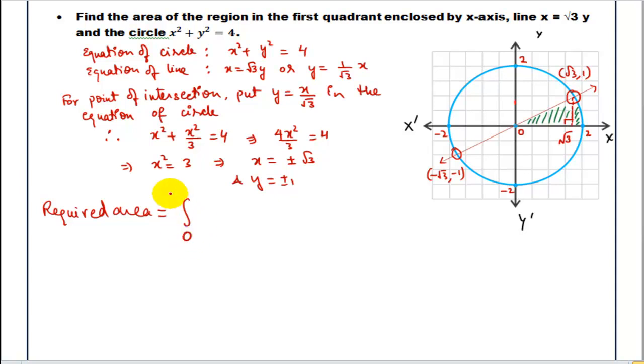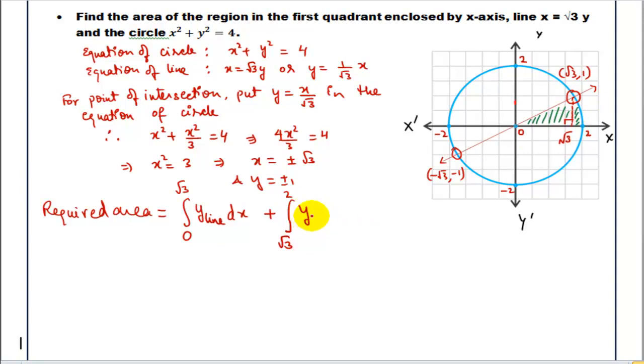So the part which is under the line ranges from x is equal to 0 to x is equal to root 3. You can see in the diagram. So between 0 to root 3, the area is falling under the line. So I will write the y coordinate of line here, and then we'll integrate it with respect to x. Now after this, from root 3 to 2, the area is falling under the circle.